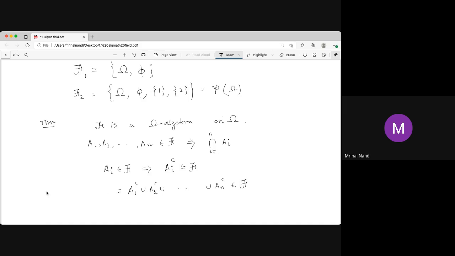And this union, by De Morgan's law, is just the complement of the intersection. Since this is in the collection, its complement is also in the collection, and the complement of this complement is the intersection. So the intersection must be in this collection. It is trivial, very easy.